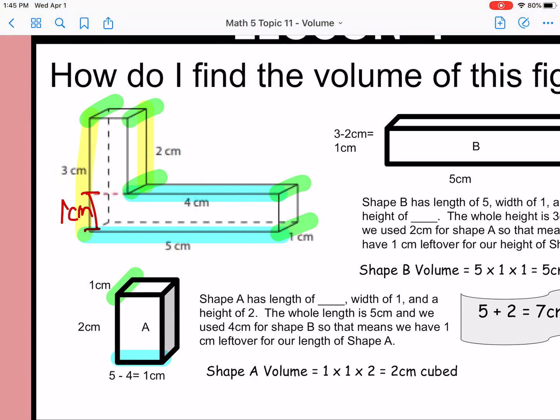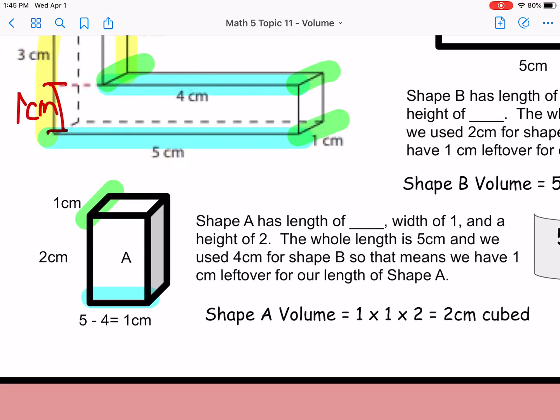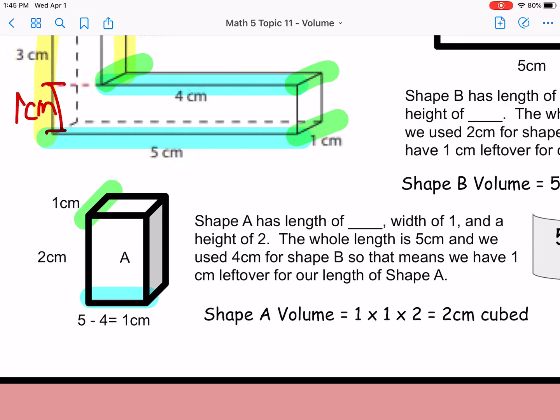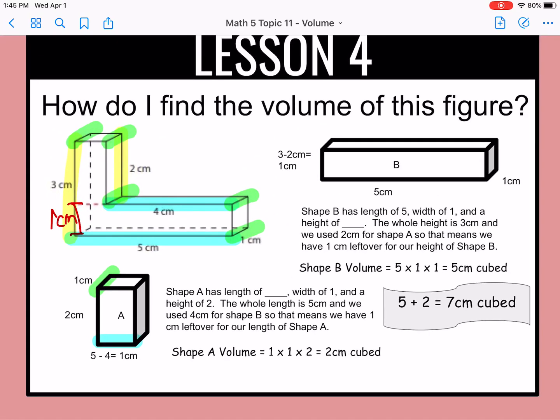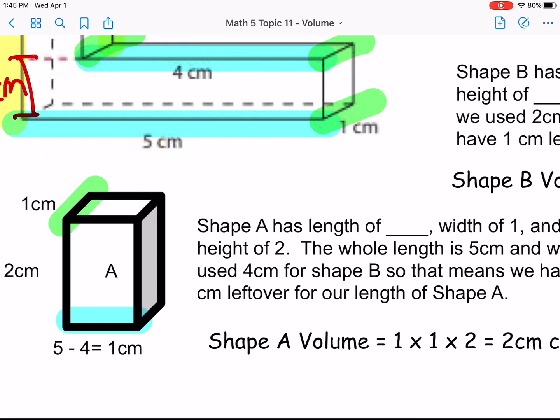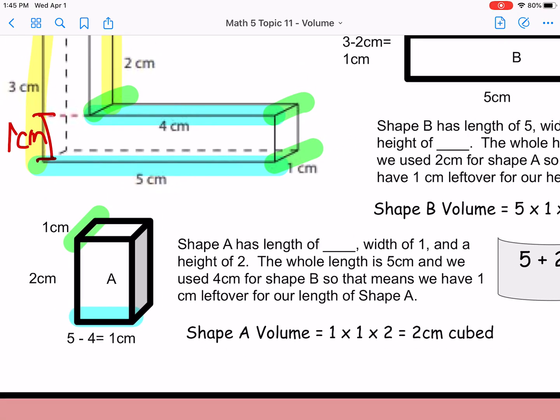So let's go ahead and go back out and blow that up. All right, so shape A has a length of 1. We just found that. It has a width of 1, that's the green one, and a height of 2. The whole length is 5 centimeters.